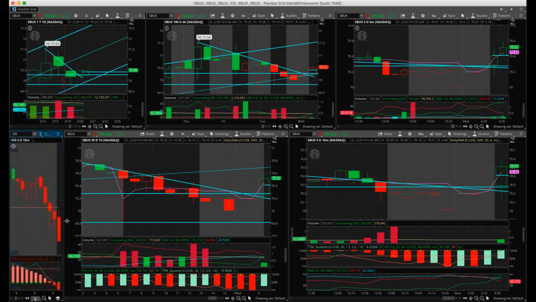We see VIX here selling off with the squeeze firing down. So that's good for the overall market in general.